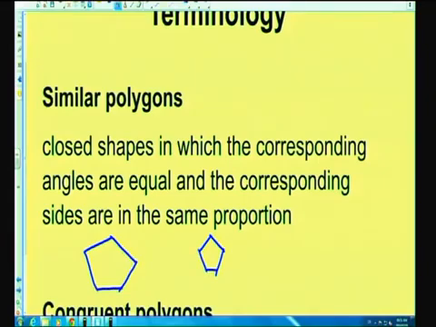What they're saying is, if this angle equals this angle, that one equals that one, this one equals this one, and this equals this, then that would be a closed shape in which the corresponding angles, corresponding means in the same position, are equal, and the corresponding sides are in the same proportion. So this side will be proportional to that side. So the ratio of that to that is equal to the ratio of that to that, etc.